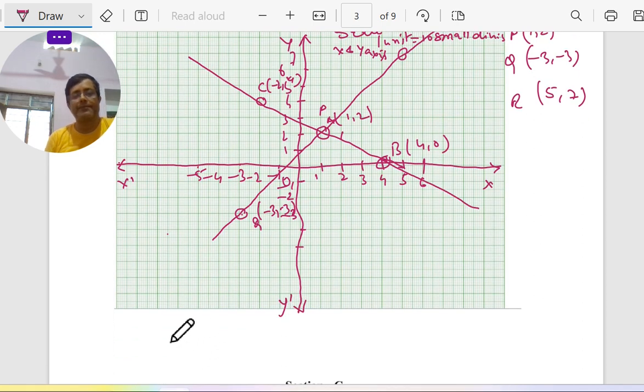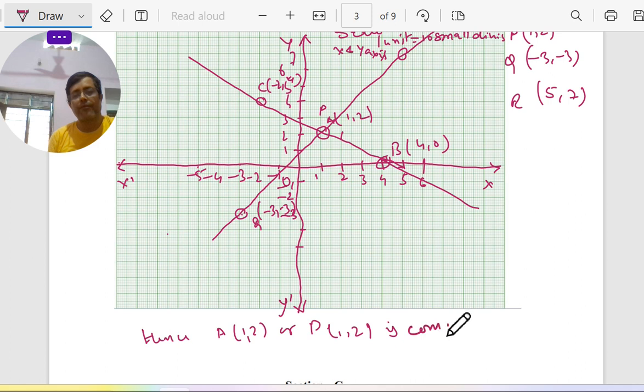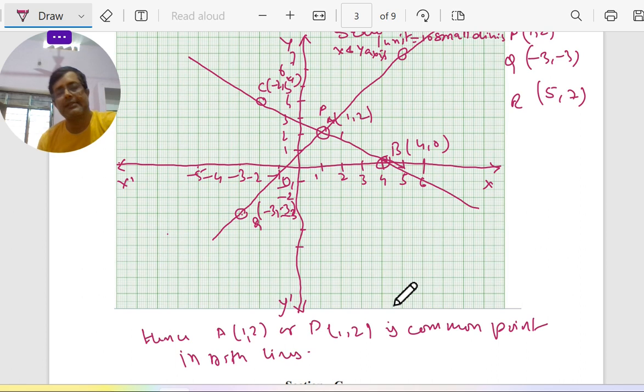So we write here, hence A(1,2) or P(1,2) is the common point in both lines.